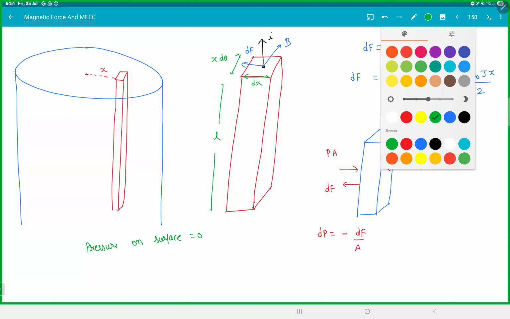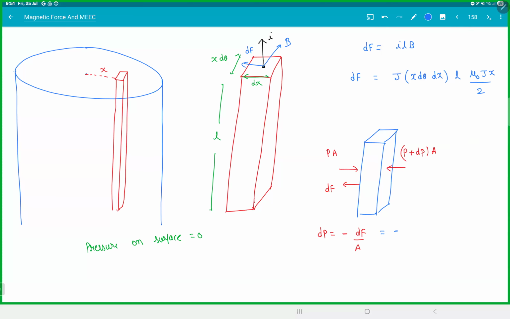So when you try to integrate this term, we'll get dP equal to minus μ₀ J² L x² dθ dx by 2, divided by area. Which area are we taking here? If you take this area, which is L into x dθ, the dθ and L go off. We get μ₀ J² x dx by 2.